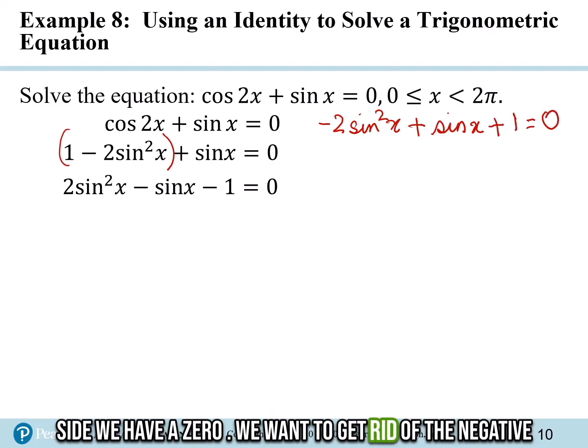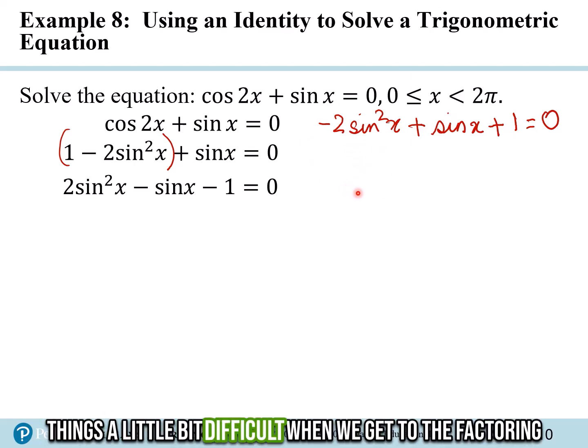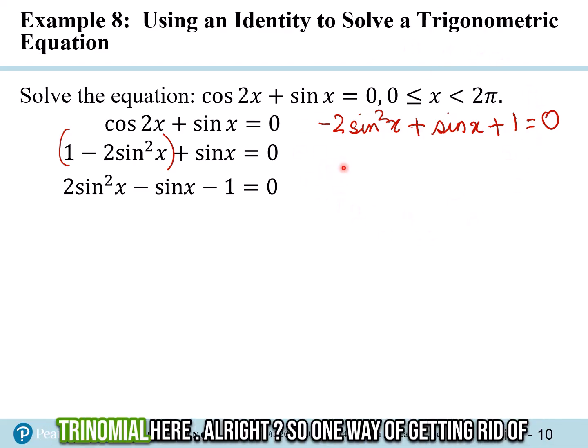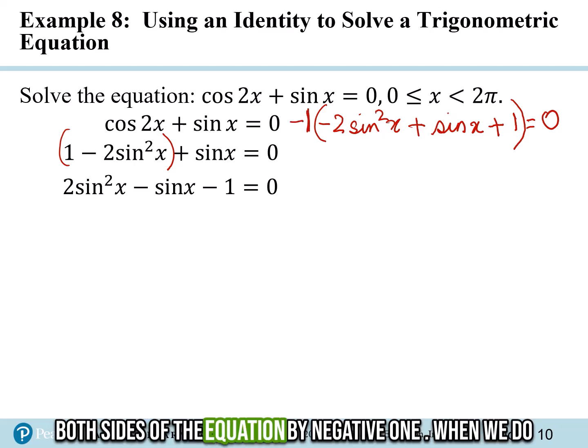We want to get rid of the negative sign which is with the first term, because that would make things a little bit difficult when we get to the factoring part of it, because the next step would be to factor the trinomial here. So one way of getting rid of the negative sign before the first term is to multiply both sides of the equation by negative 1.